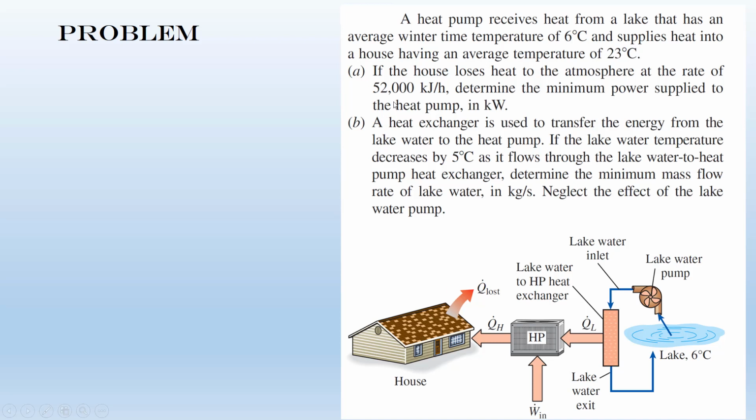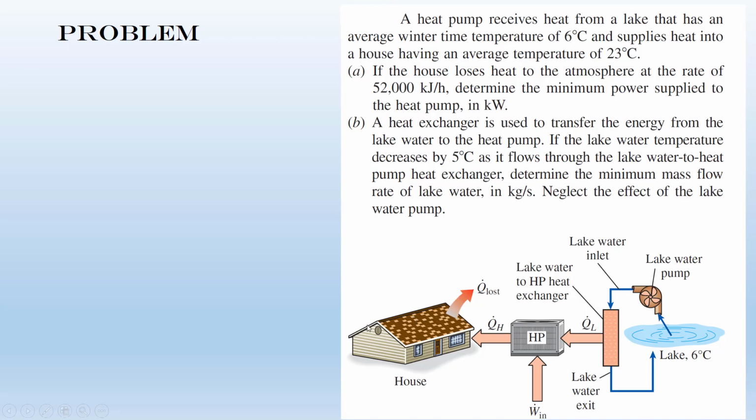Also, guys, we know that the heat loss is 52,000 kilojoule per hour, and you're asked to determine the minimum power supply to the heat pump. Okay, guys. Before the first step, look, you have the Q dot loss, correct? The Q dot loss is given.